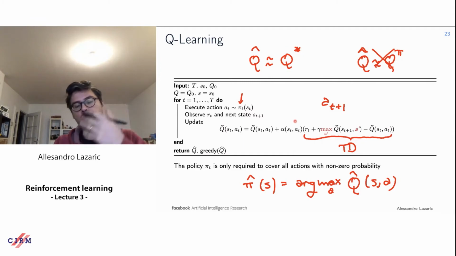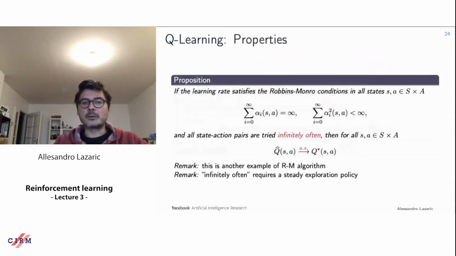So the intuitions that we have behind TD learning also apply to Q learning. So much so that we have this type of guarantee: if the learning rate satisfies something similar to the Robbins-Monro conditions that I had before, then almost surely Q hat will converge to Q star.